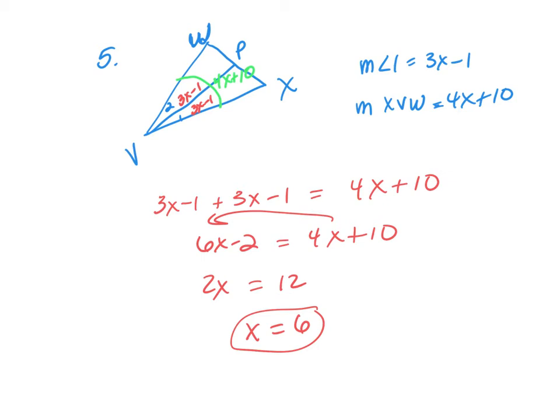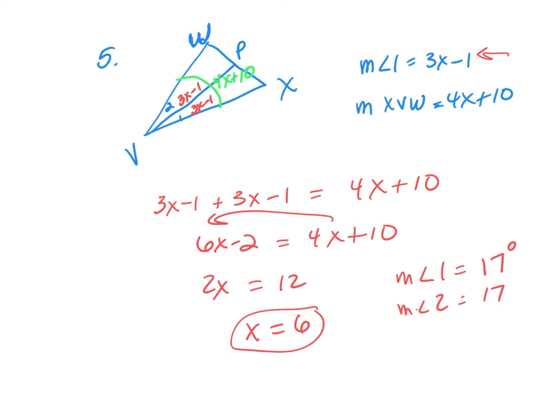But let's say they asked you to find the measurement of angle 1. What do I do with that 6? Plug it in here. So what's 3 times 6 is 18, minus 1 is 17 degrees. Does everybody see that? If they had asked me for the measurement of angle 2, same thing.